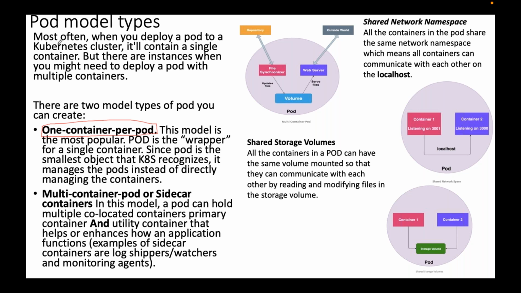Most often when we deploy a pod to a Kubernetes cluster, it will contain a single container. But there are some instances where you might need to deploy a pod with multiple containers.